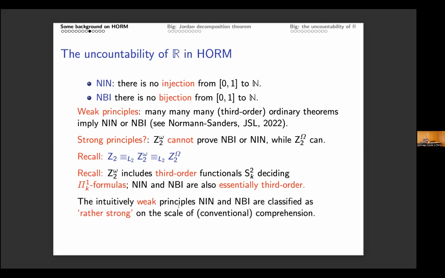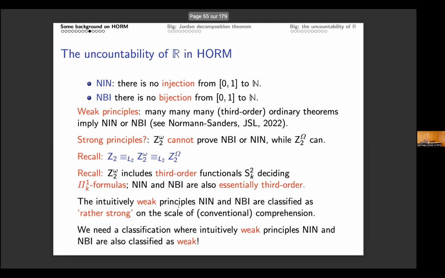So these intuitively weak principles are classified as rather strong on the scale of conventional comprehension. So then we just extend our model, our theory, and we need a classification where weak principles like NIN are also classified as weak. And this is this NFP I have been talking about.